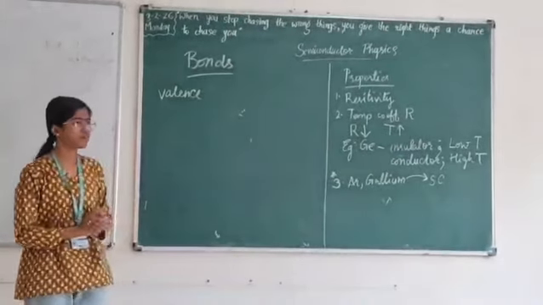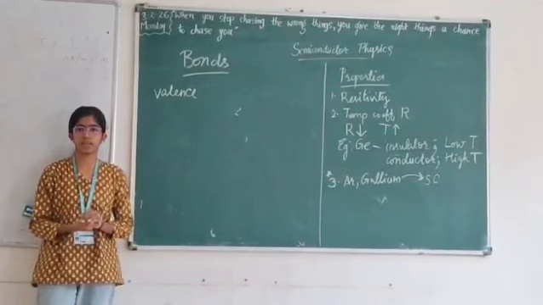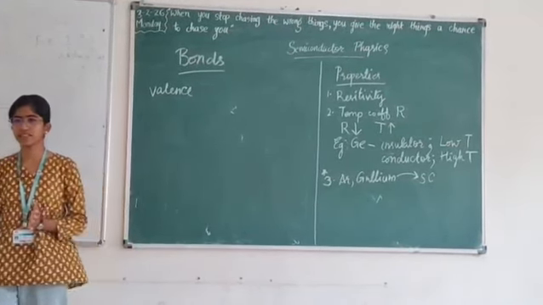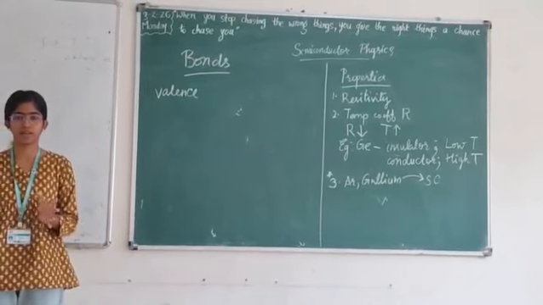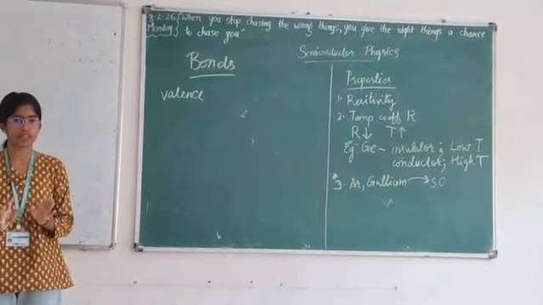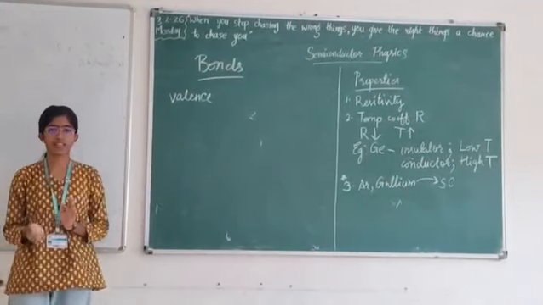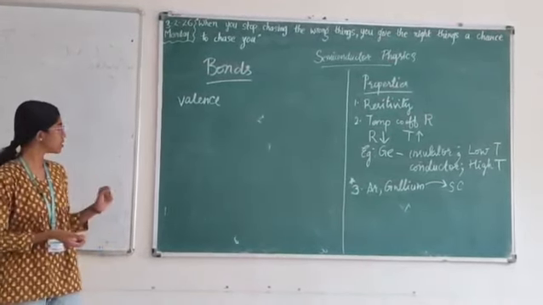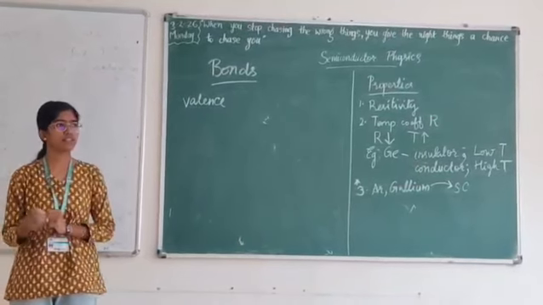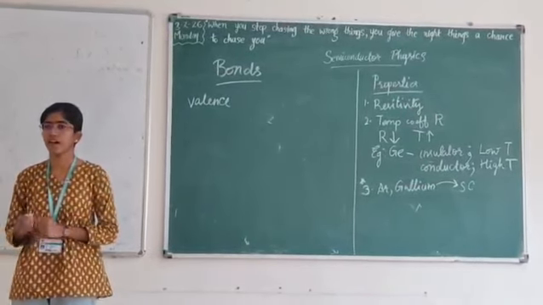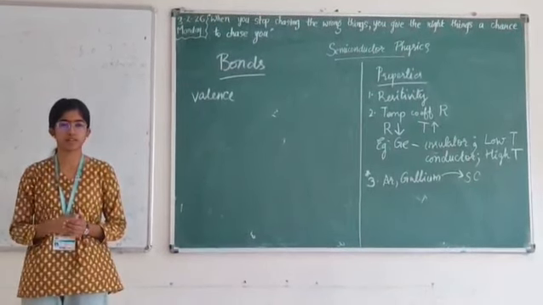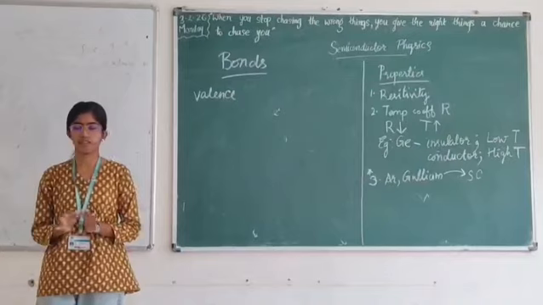So why are these atoms participating in this bonding? Everyone needs a stable configuration or stable state. So to attain that stable state, these atoms participate in bonding. These atoms participate in bonding either by losing their electrons, or by gaining some electrons, or sharing electrons. That we all know.